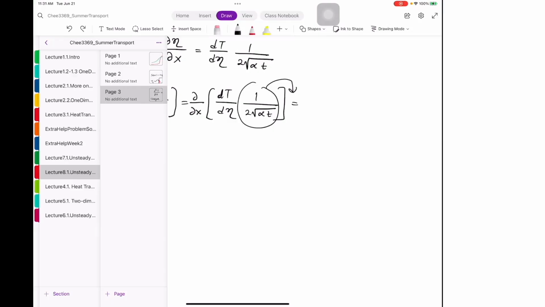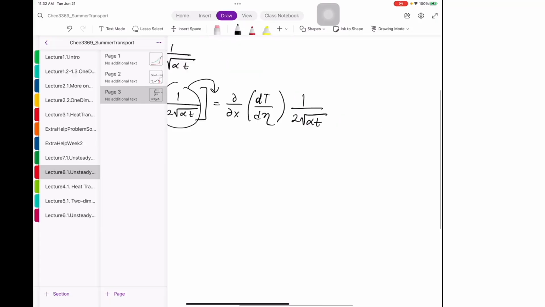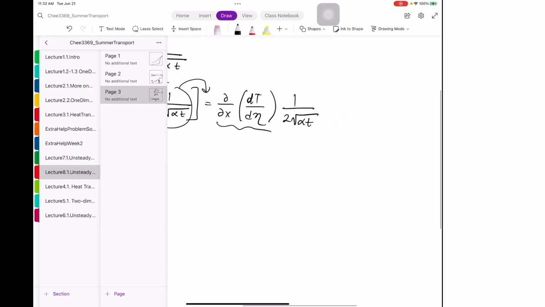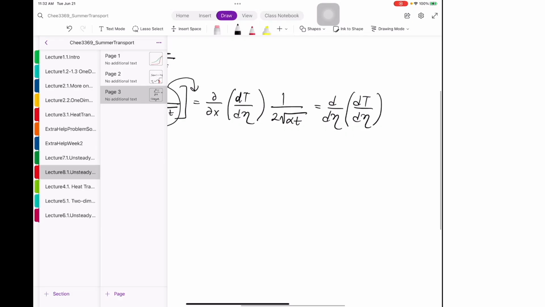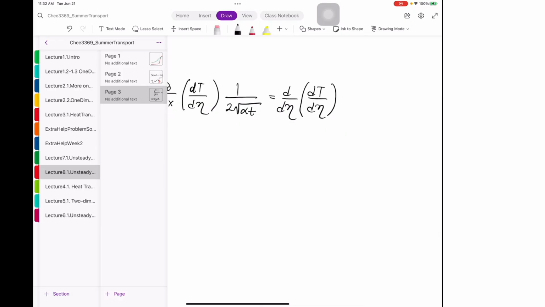So you can basically write down del over del x, dT over d eta times 1 over 2 square root of alpha t. Now I can actually expand this because this is a function of eta only: d over d eta times d eta over dx, which is again another factor of 2 square root of alpha t.